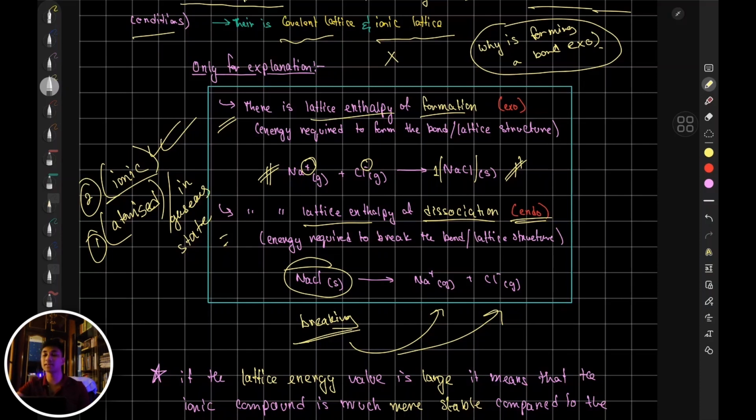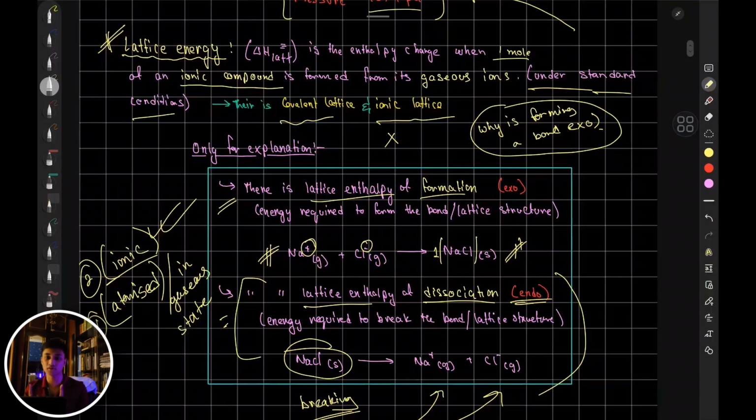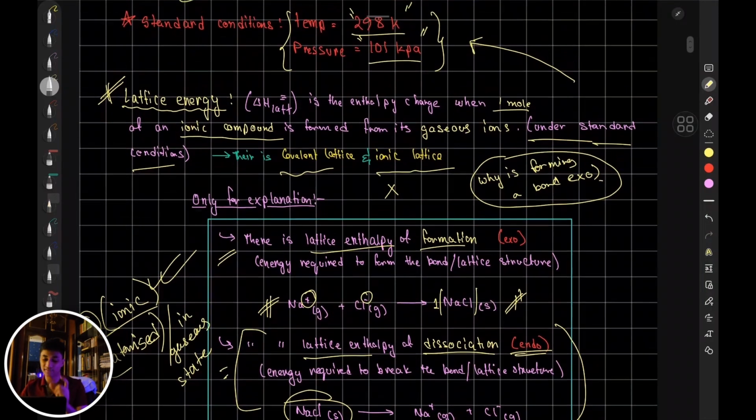Why? Because breaking is an endothermic process. So for that case, you may get a positive value, but by definition, lattice energy should always have a negative value, because by definition, lattice energy is an exothermic process.